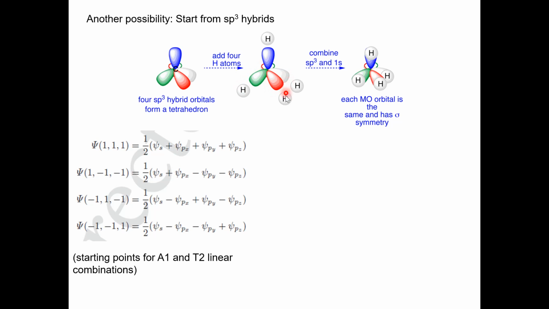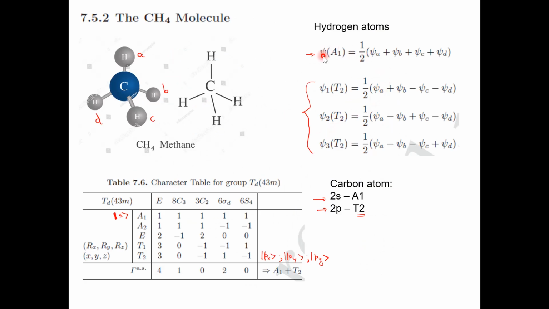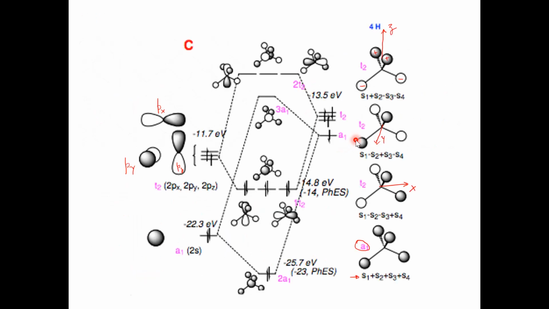They transform exactly the same. So I can already anticipate that the 4 linear combinations that I can make are essentially the same as the ones I have for the s orbitals in hydrogen, in the sense that instead of using s orbitals as psi A, psi B, psi C, psi D, I use the 4 hybrids. Okay, but the linear combinations are the same.